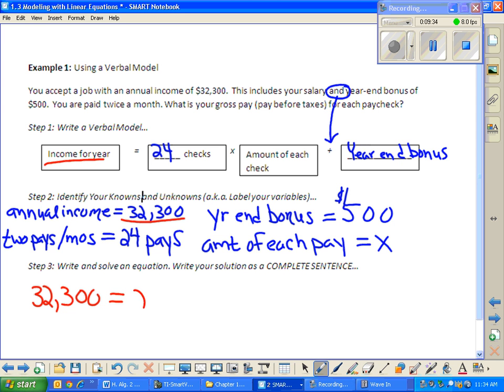That's going to stay 24. Times the amount of each check. The amount of each paycheck there, that was X. Bring down your plus, and you have to add on your year-end bonus of $500. So now I have an equation that you already know how to solve.